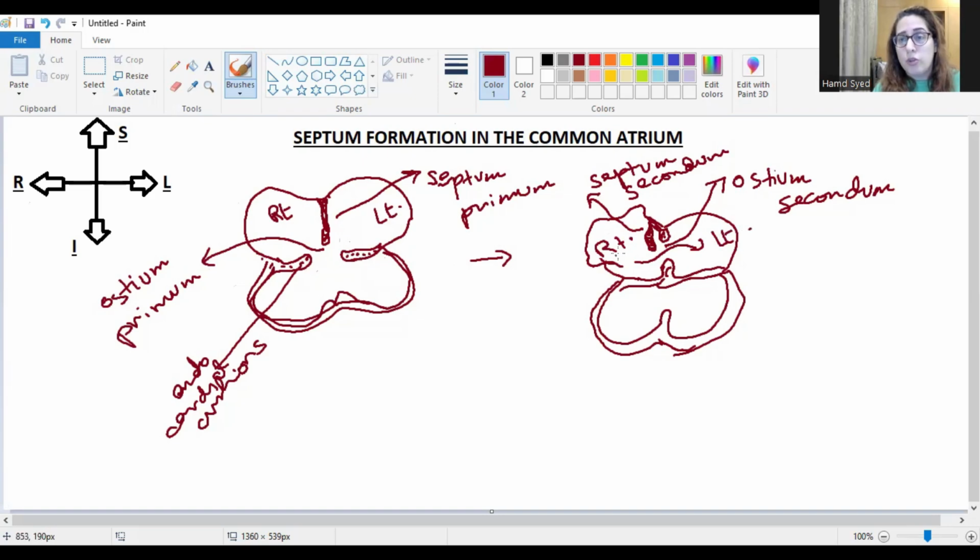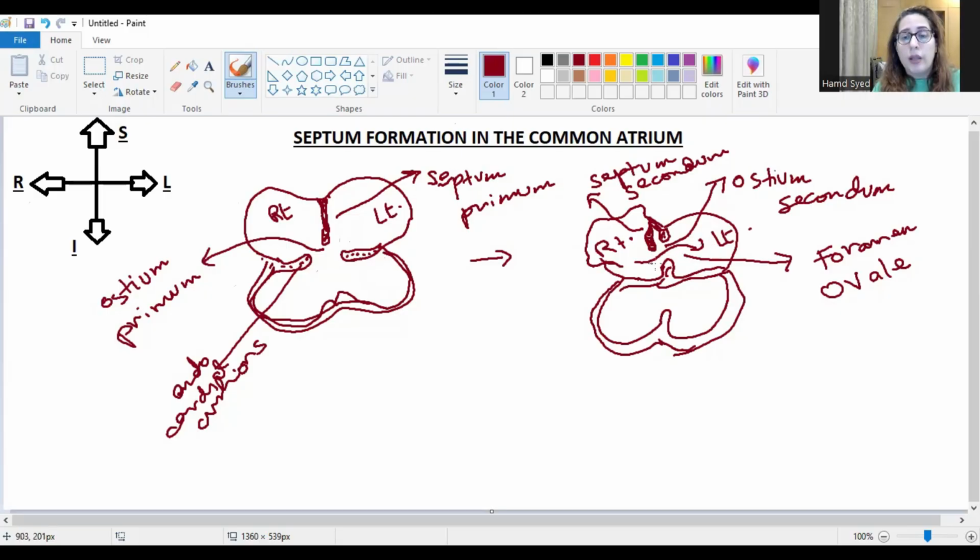Because of the higher pressure on the right side, the blood is going to flow from the right to the left atrium through this opening. And this ostium secundum is now known as the foramen, which again means opening, ovale, the foramen ovale. So this is now the gap or the passageway between the right and left atria during embryonic and fetal life.